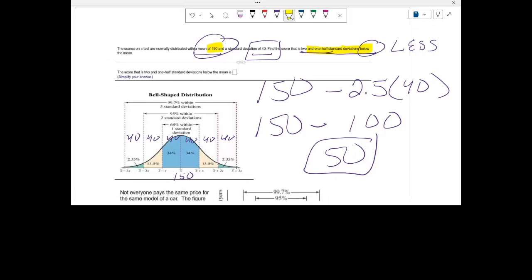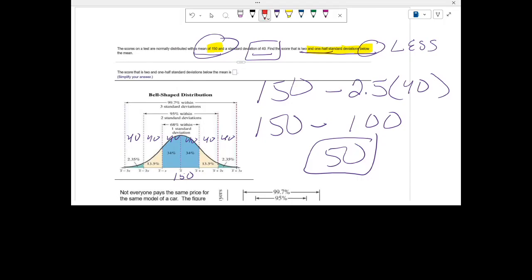Okay. So y'all, what ends up happening here when we do these types of problems is that what the standard deviation says is, look, say we all took an IQ test, right? And the average score was 150. Some people scored higher than 150. Some people scored less than 150.